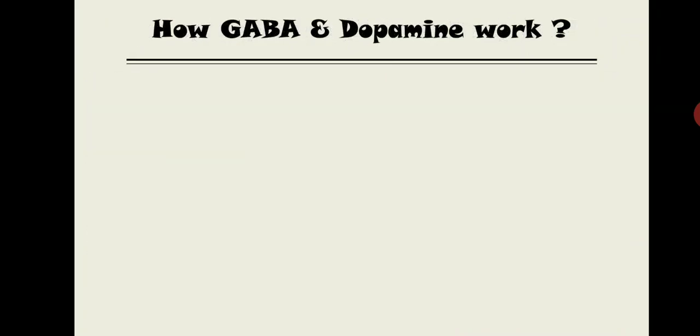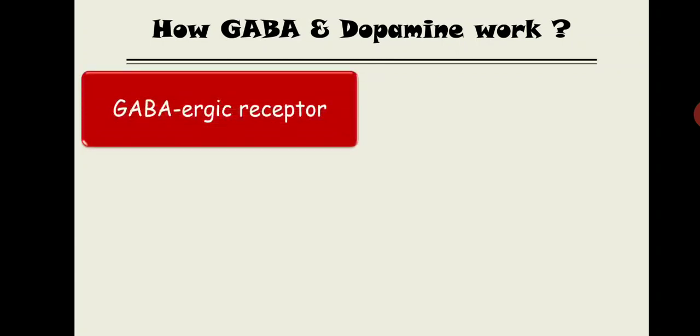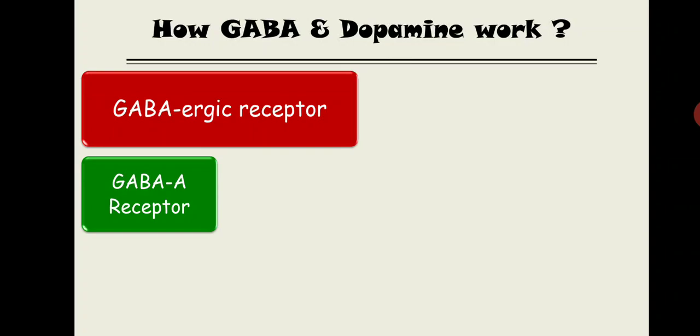Now the next example is GABA and dopamine. How will GABA and dopamine work? See, GABA will work via the GABAergic receptor, right? And this GABAergic receptor is basically of two types, GABA A and GABA B. Now the GABA A receptor is an ion channel receptor, and it is basically chloride.